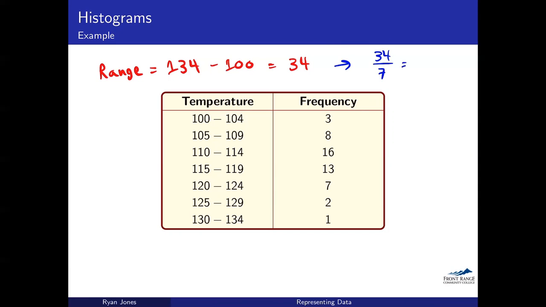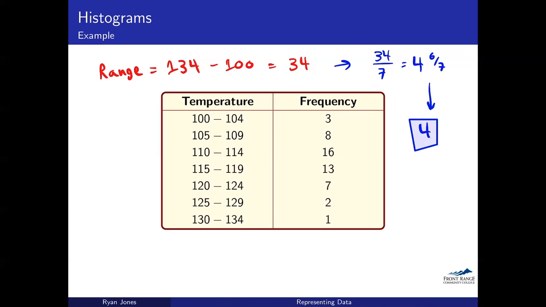Notice that 35 divided by 7 would be 5 exactly, so 34 divided by 7 is going to be just a little bit smaller. It's actually 4 6/7, as a mixed number. And so what I would do is round this down to 4.